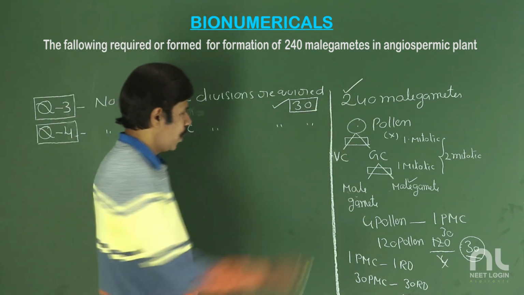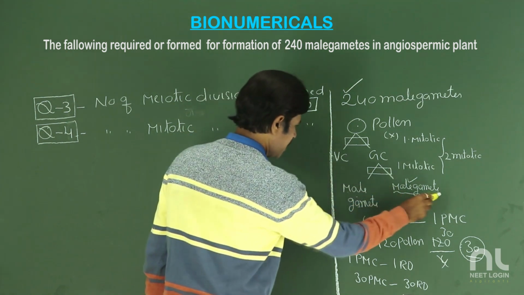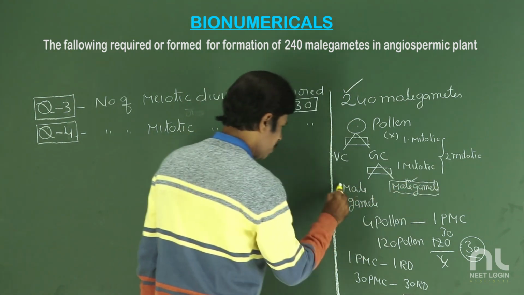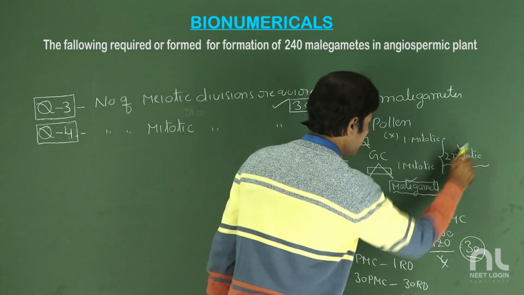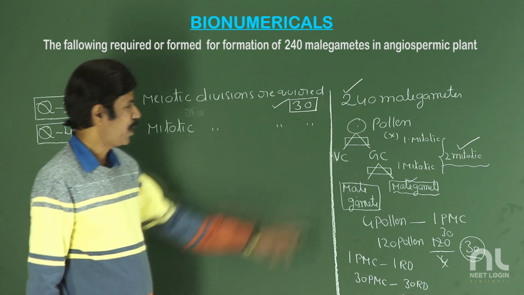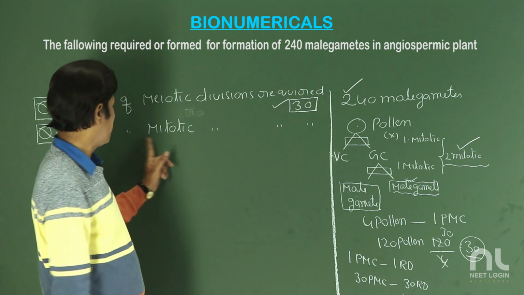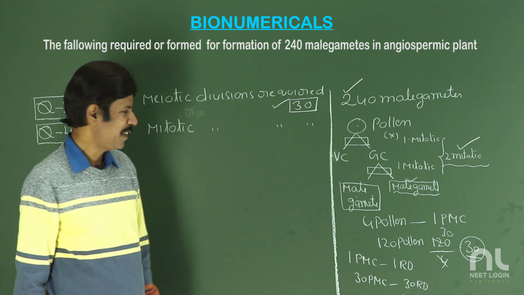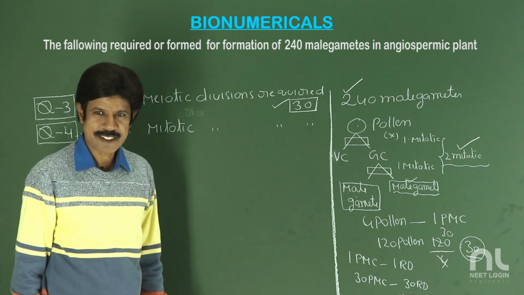The next question: number of mitotic divisions required for formation of 240 male gametes. One pollen grain, for formation of these two male gametes, undergoes how many divisions? Two mitotic divisions. Earlier we said 120 pollen grains.